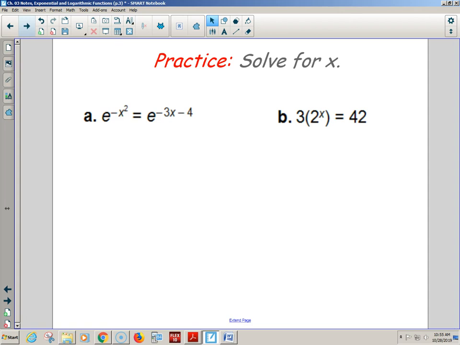What do you think? Because it already matches. So then that's easy. So how are you going to go? Which property? One-to-one or inverse? So one-to-one tells us to do what? What do we do with the e? Do we have to do something or can we just ignore it?